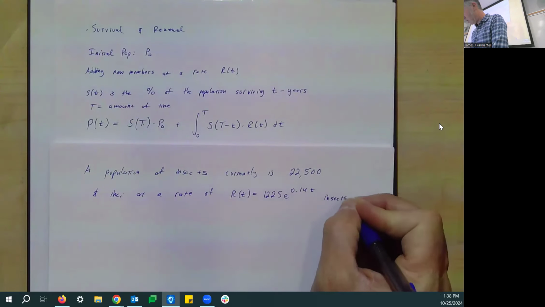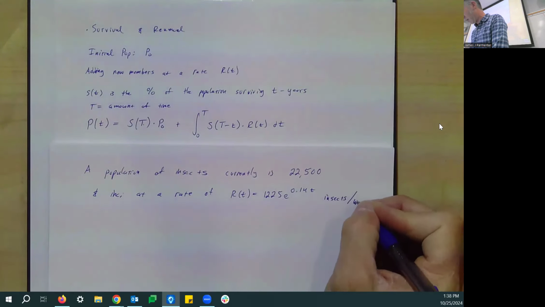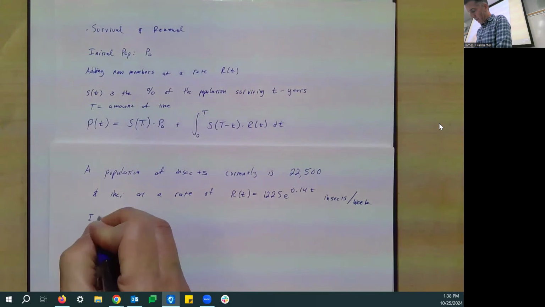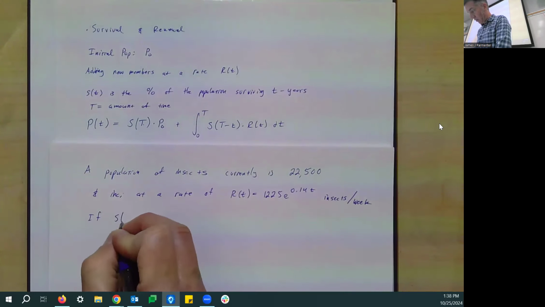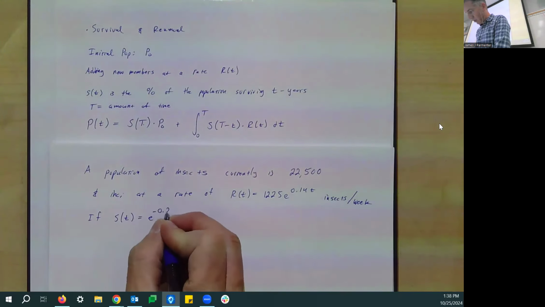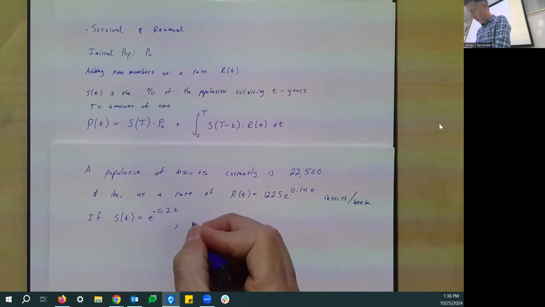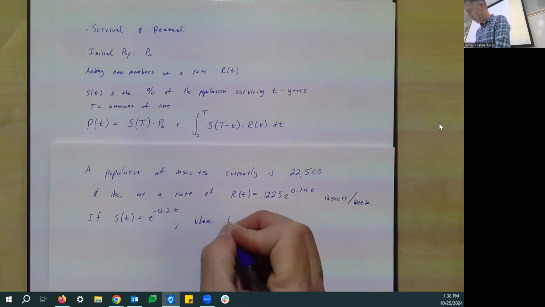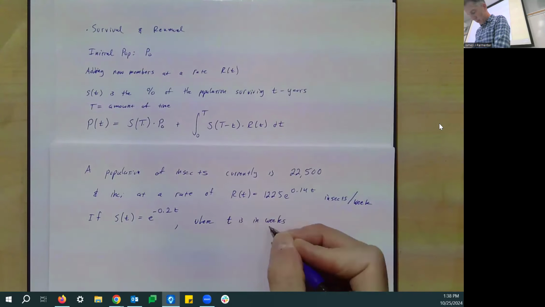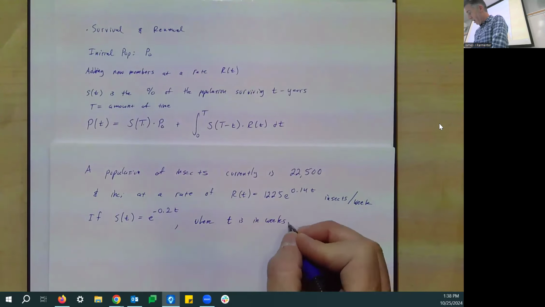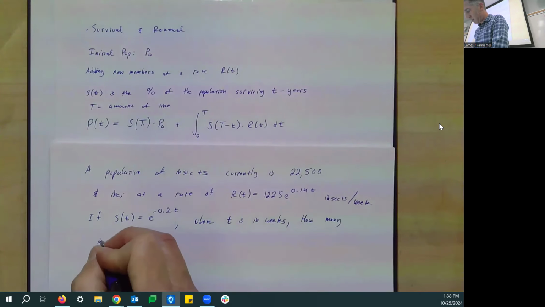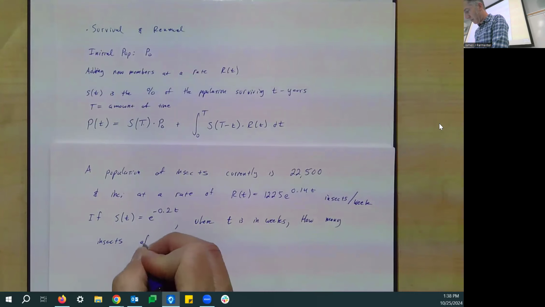It should be a rate of change, so it should be a number of things per an amount of something. If S of little t is equal to e to the negative 0.2 t, where t is measured in weeks, how many insects will there be after 12 weeks?